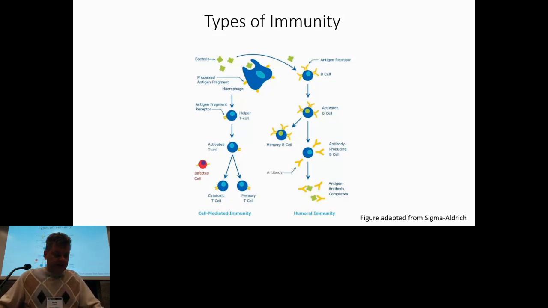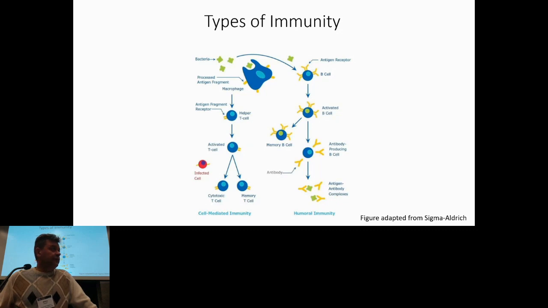Cell-mediated immunity starts from macrophages and dendritic cells that try to engulf those pathogens and degrade them inside the cells. Once they have degraded the proteins, they present them on the surface to T cells that are floating around.